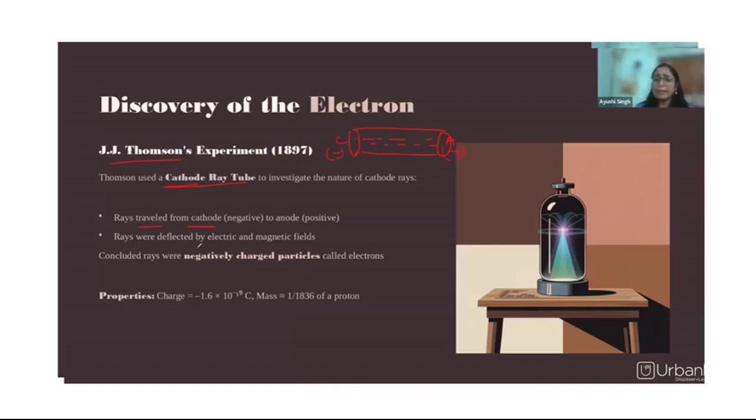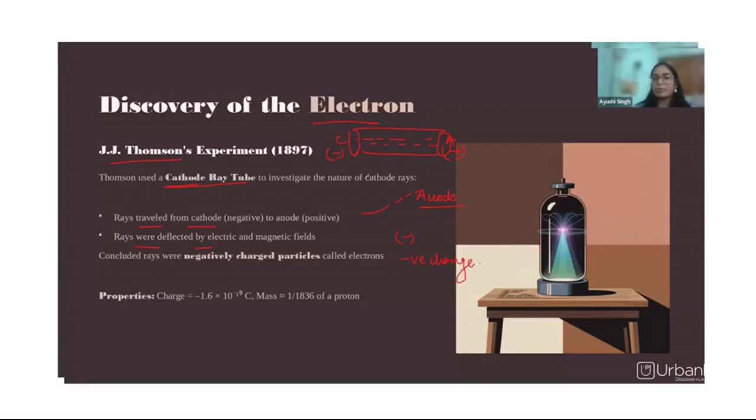Now, rays were deflected by the electric and magnetic field. So what happened is, once he was passing these rays through, they started deflecting towards the anode side. Now, once that happened, it concluded that the particles present there have a negative charge.